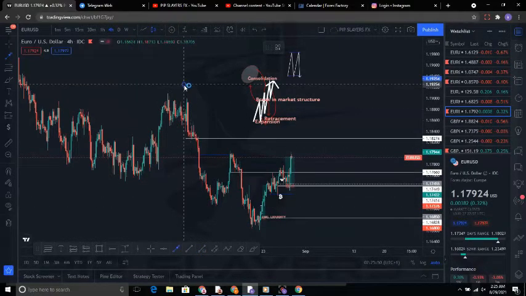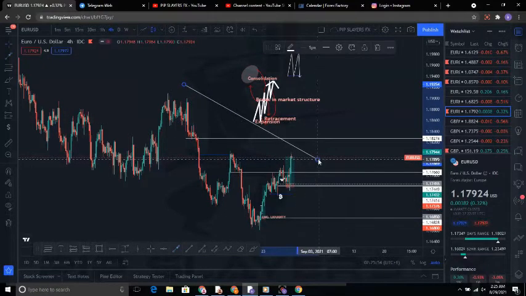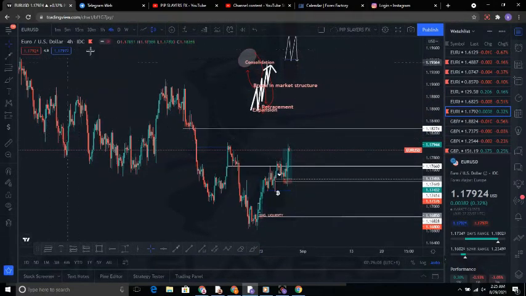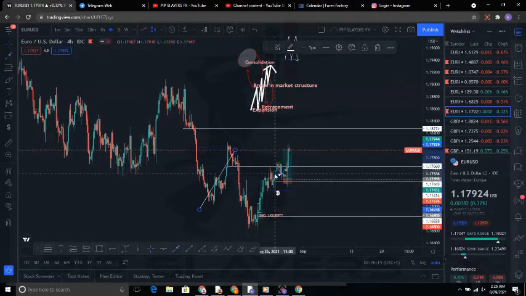Why are you buying? But I believe it is based on time frame. I'm looking at the lower time frame. It is bullish, even if this is basically a mere retracement of this whole move here. I can still take longs.